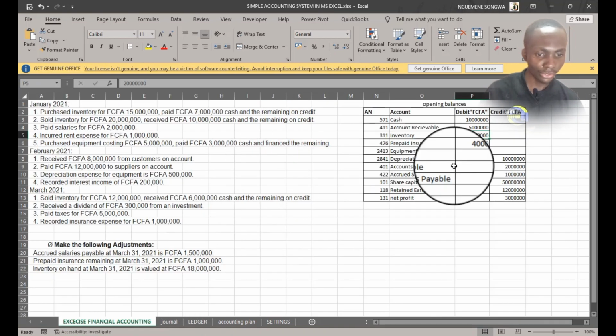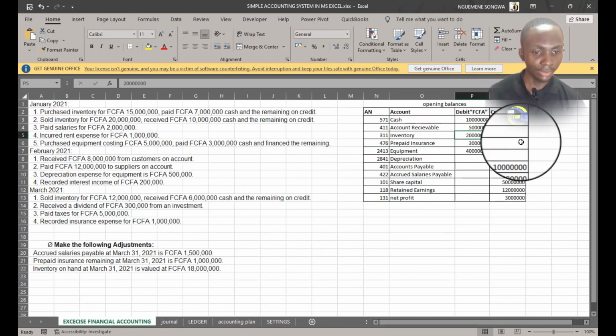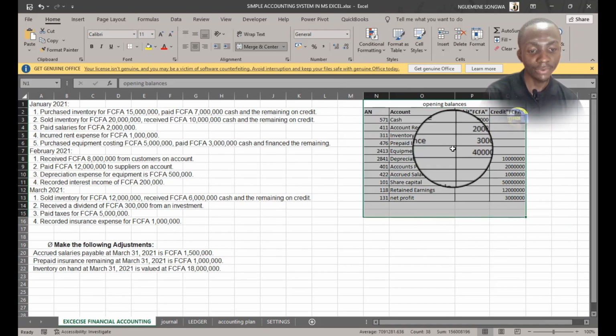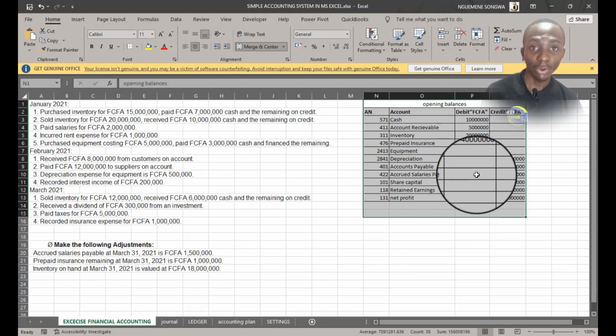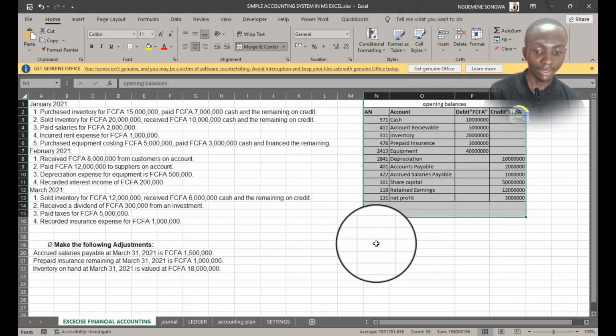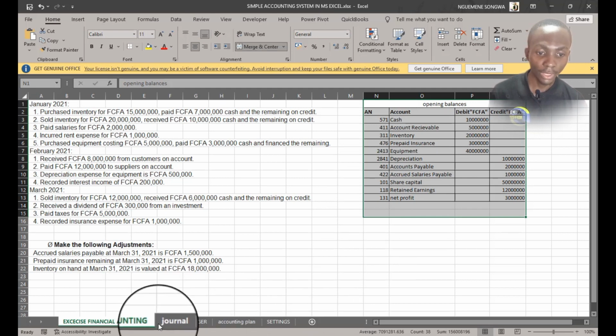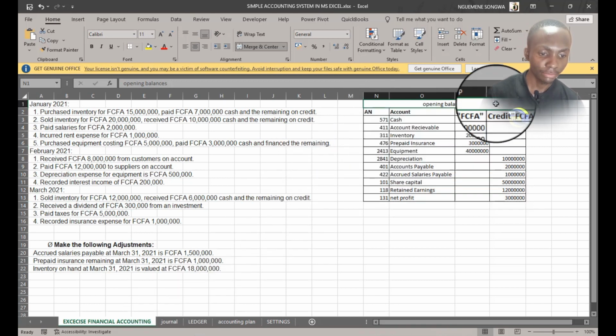In that case, I can just readjust or create a worksheet where we have opening balances, or I can just use this very same table the way it is and work things out. So it all depends. I can just create another worksheet where I'm going to input the opening balances. Let me just use this table the way it is here.